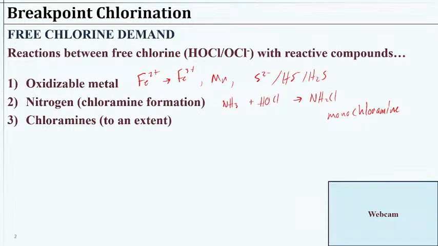Now, once we have a chloramine, these can then continue to exert chlorine demand a little bit. So NH2Cl plus HOCl, well, sometimes or in part, this is actually an equilibrium reaction, will create NHCl2, which is dichloramine.